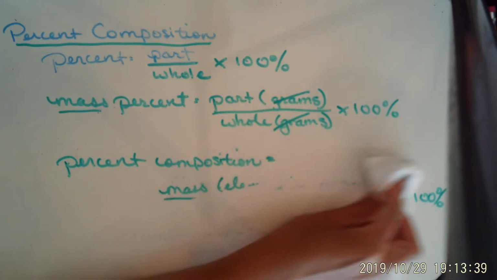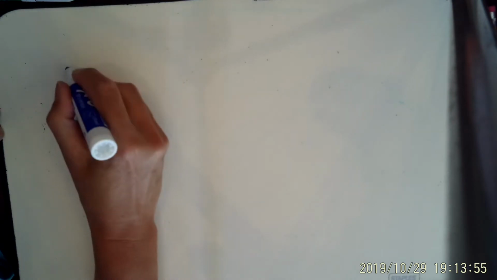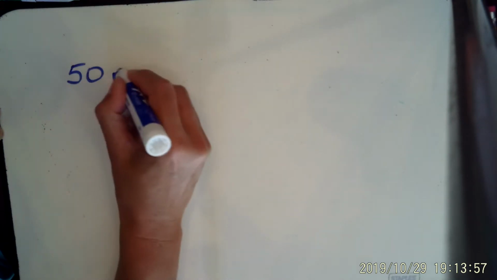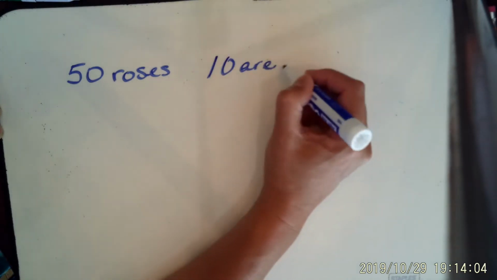So if you recall, let's say I had 50 roses, and let's say 10 are white roses.